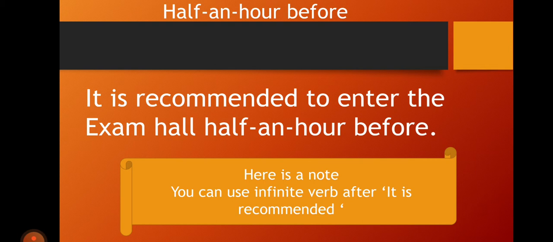Better follow the first sentence pattern: it is recommended plus to plus verb plus other part of the sentence. So here it is recommended plus to plus enter, and the remaining clue point you write as the other part of the sentence. That is the major point.